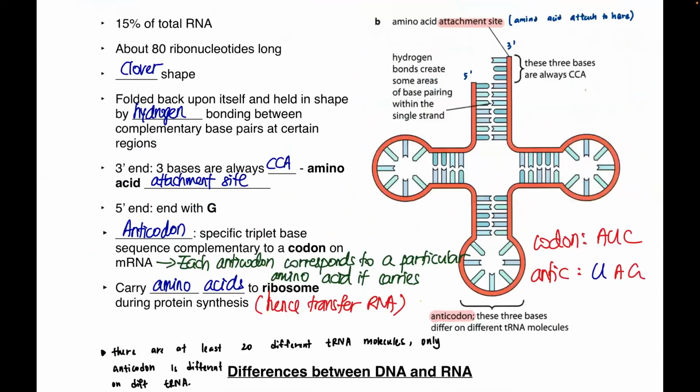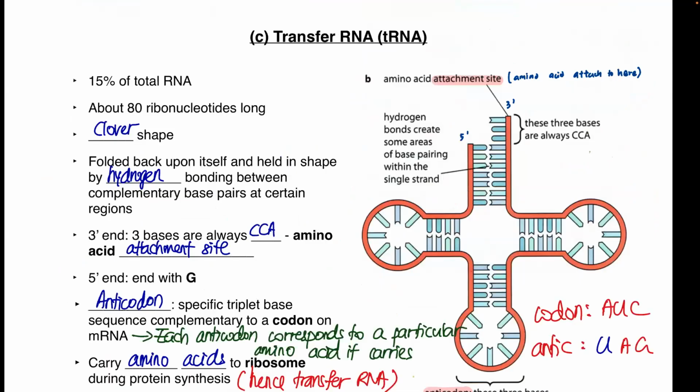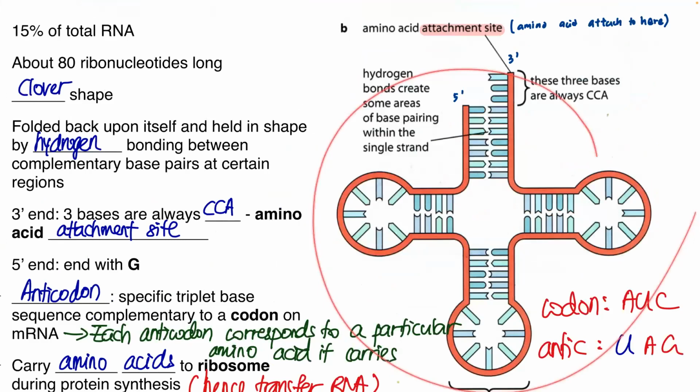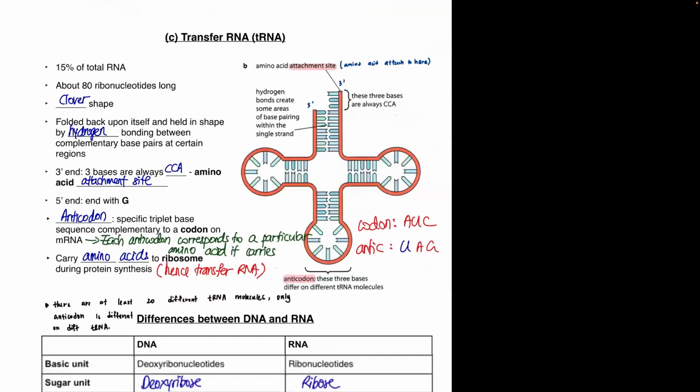We'll see how this whole design of tRNA plays a very important role in converting the code in your DNA, or on the mRNA, into a polypeptide chain, a sequence of amino acids.